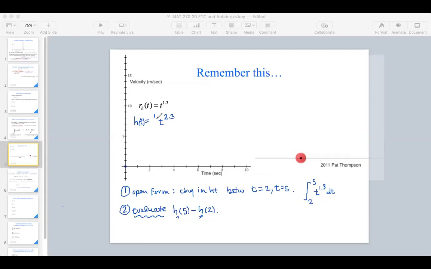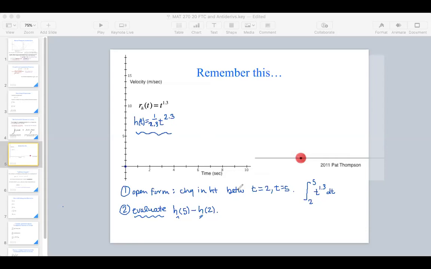So I'll put in something to cancel out that unwanted coefficient. So this here, our height is 1 over 2.3 times t to the 2.3 power. If I took the derivative of this plus any constant I wanted, it would be that. So I'm just going to use the simplest version, not worry about any constant.